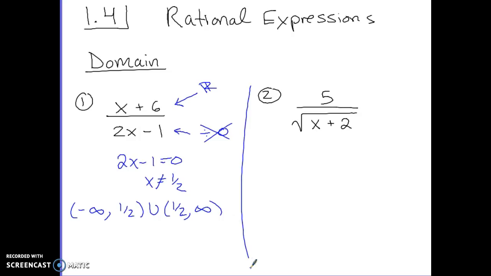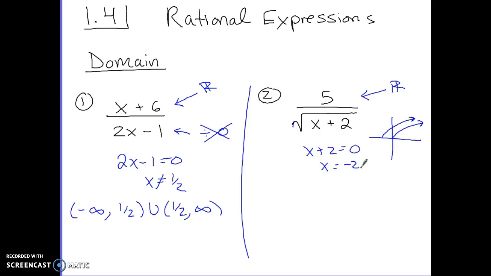Alright, so another one I have, again, the top is nothing exciting. In the denominator, I do have a little bit of an issue. I have this radical. And if you think about the square root function, the parent function starts from 0 and goes to infinity. This guy is scooted over to the left 2 units. So again, you could just set the inside part equal to 0, get x is -2. That tells me my starting point.